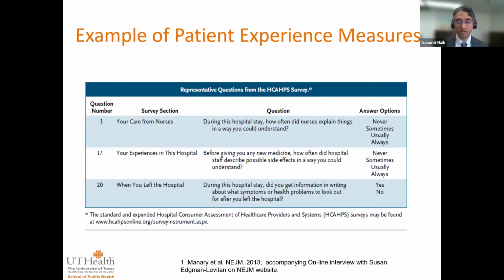Before giving you any new medication, how often did the hospital staff describe possible side effects in a way that you could understand? During this hospital stay, did you get information in writing about what symptoms or health problems to look out for after you left the hospital? So these don't take scientific or technical expertise. This is more, did you get the information you needed to feel more informed and to be a participant in your care?